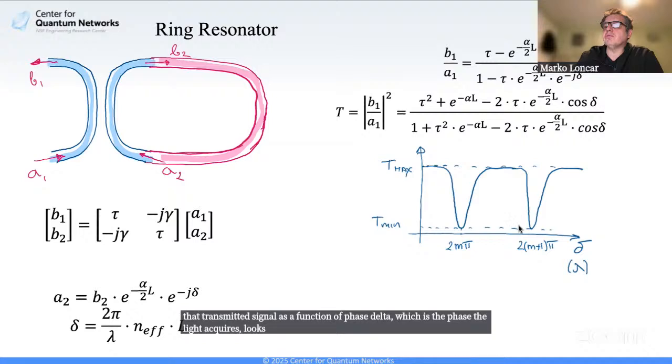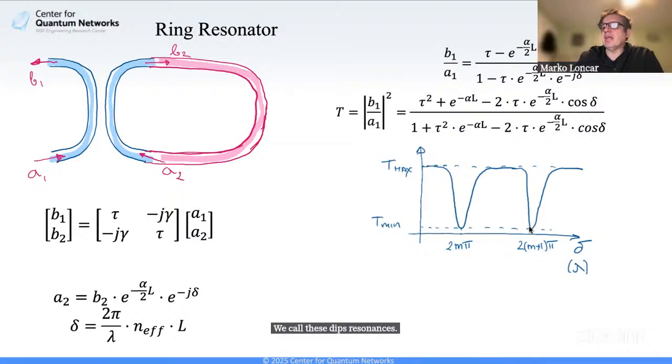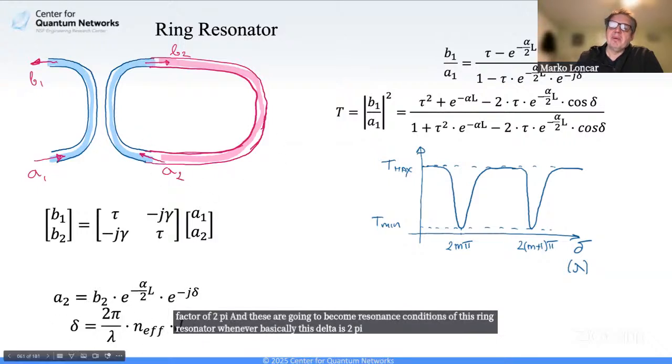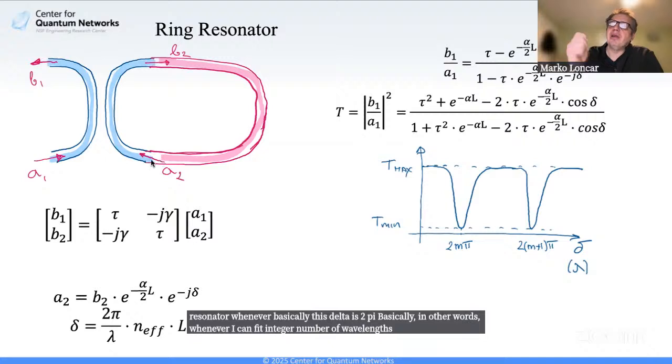So you have a series of dips. We call these dips resonances, and they happen every time delta changes by a factor of 2 pi. These are the resonance conditions of this ring resonator, whenever delta is a multiple of 2 pi. In other words, whenever I can fit an integer number of wavelengths inside the ring resonator, I have resonance.